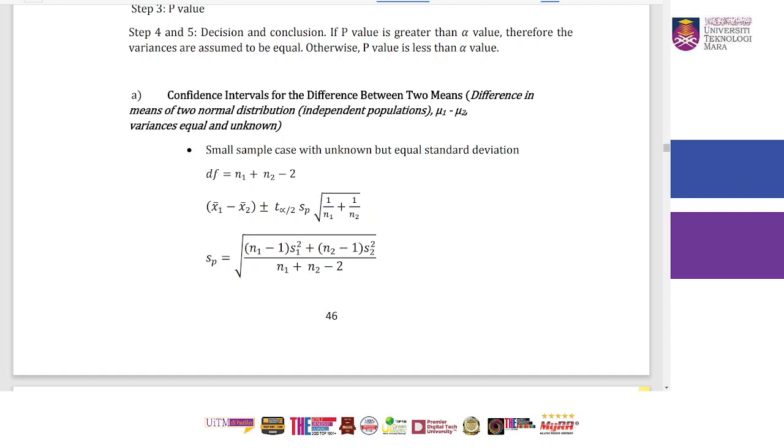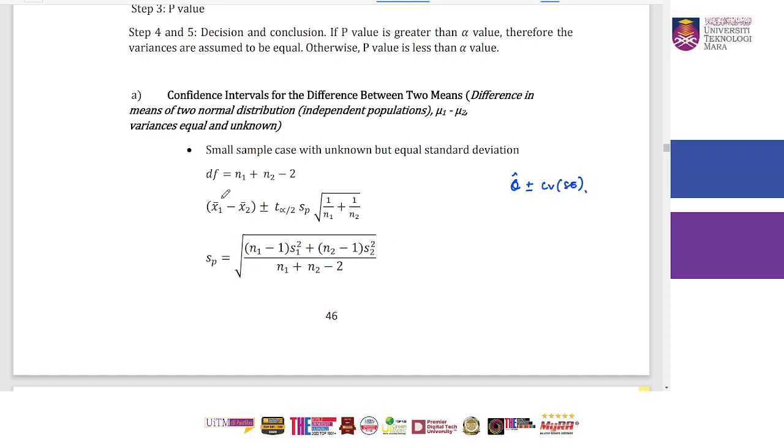So kalau katakan variance are equal and unknown, the standard error is being given by this formula. Okay, so remember, the basic information on the interval will be the parameter, plus or minus the critical value times the standard error.